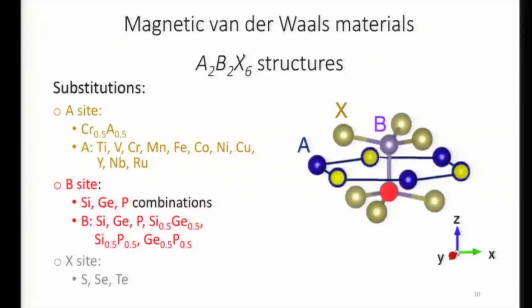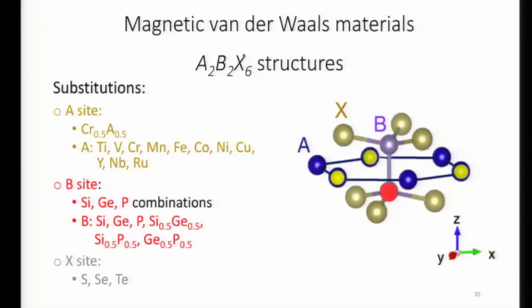In particular, we substituted one of the 2 atoms in the unit cell for another transition metal, keeping one fixed, that's chromium. These are examples of the substitutions in the first row of the transition metals, and also the second row. The B sites are combinations of silicon, germanium, and phosphorus. For instance, you can have silicon 2, or silicon germanium, or germanium phosphorus.